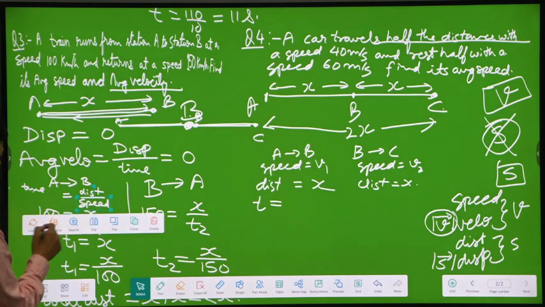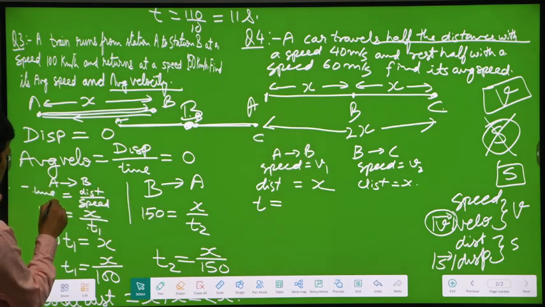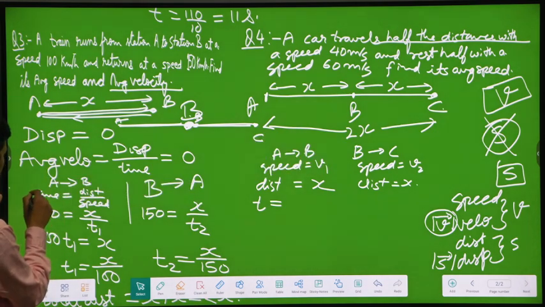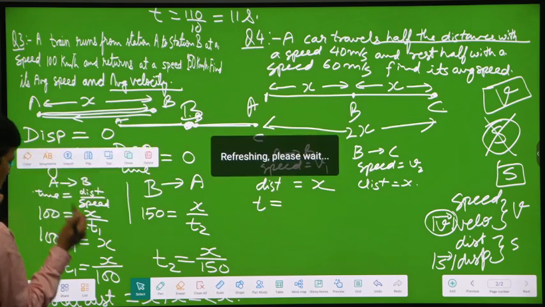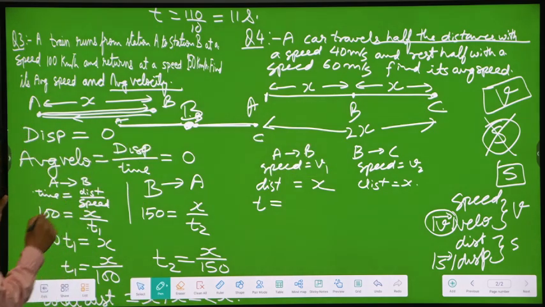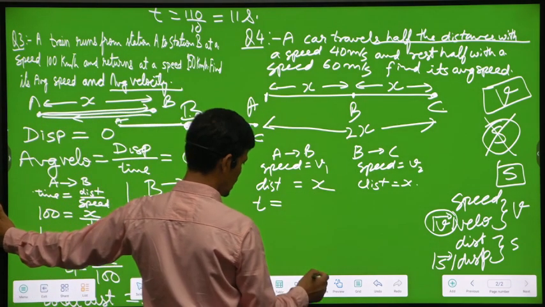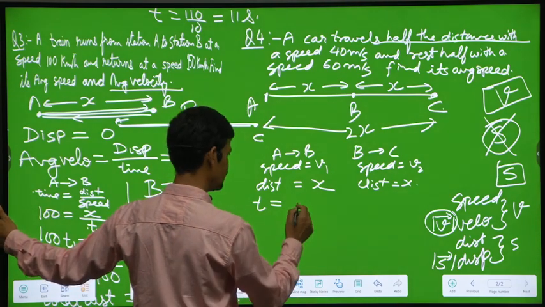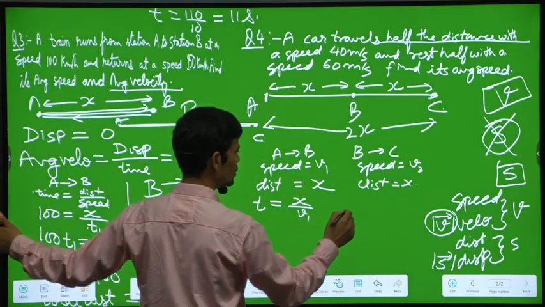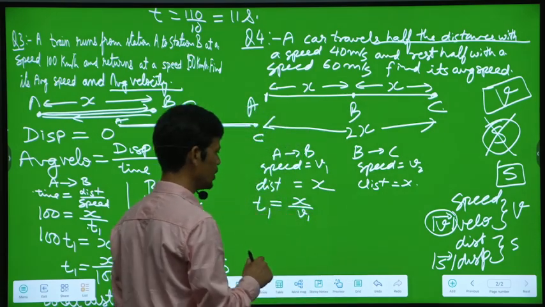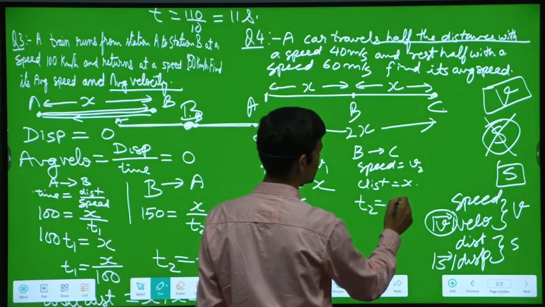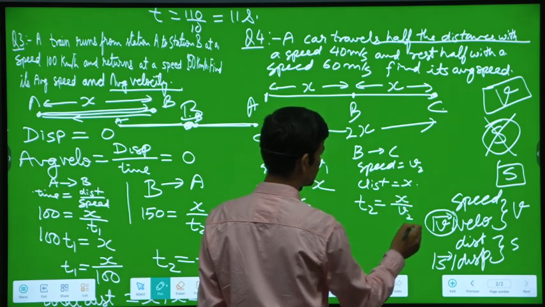So time equal to distance upon speed. This one also, I can take this one. Time equal to distance upon speed. Distance is x. Speed is v1. This is time 1. So time 2, distance upon speed.